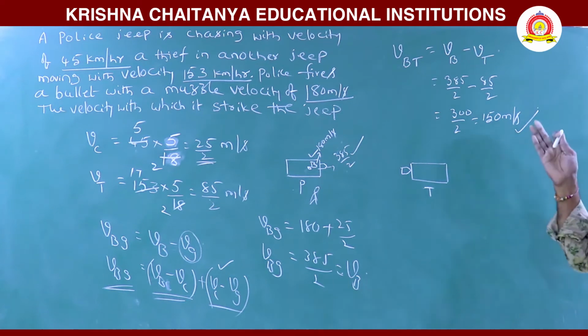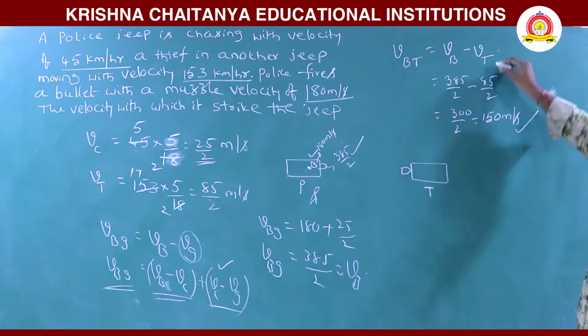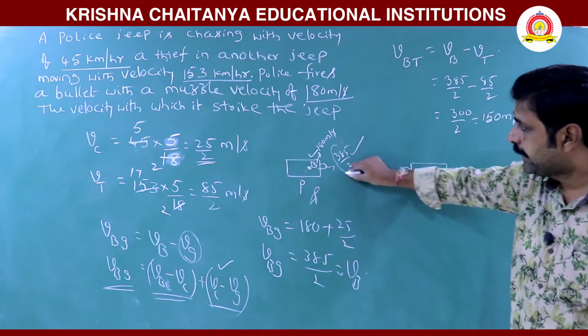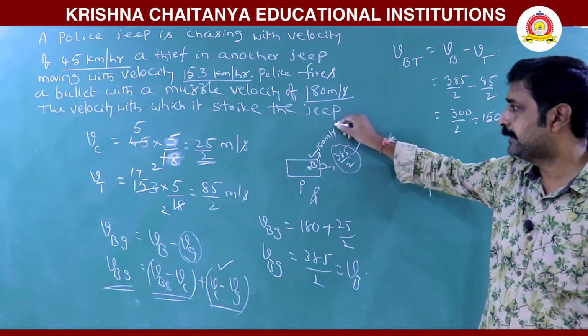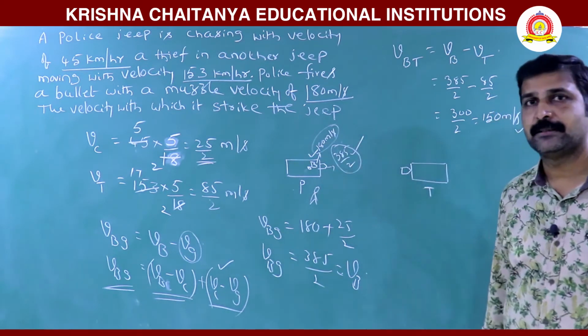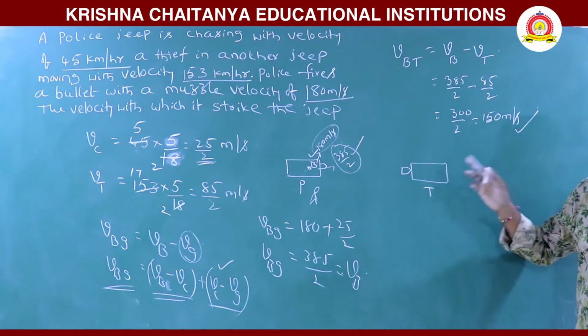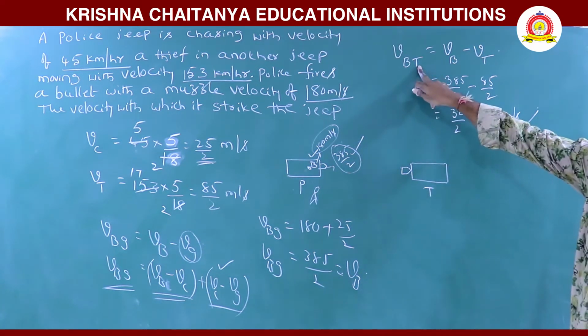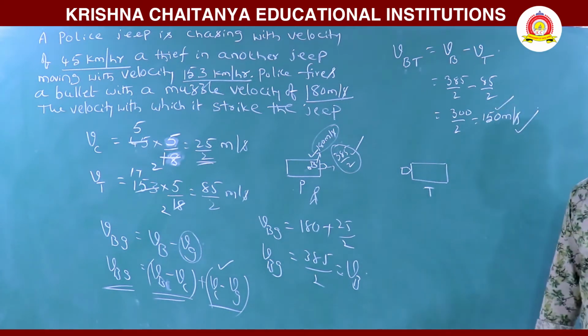So for a person standing on the ground, the velocity of the bullet is 385 by 2. For the policeman, it is 180 meter per second, and if it strikes the thief's car, then with respect to the thief, the velocity of the bullet is 150 meter per second.